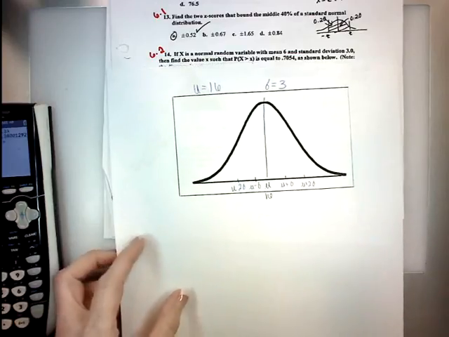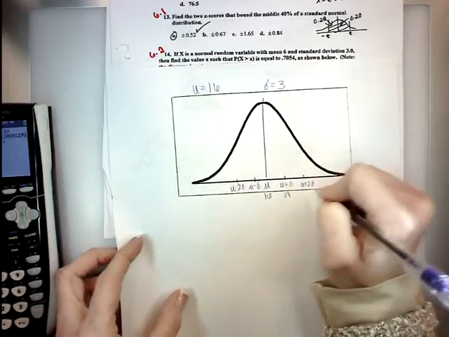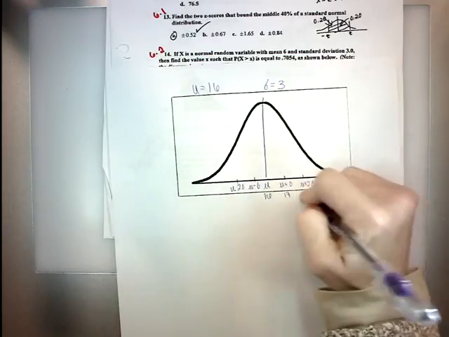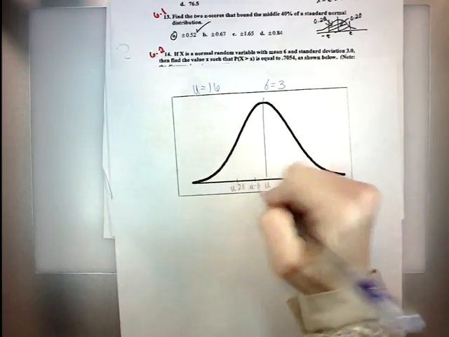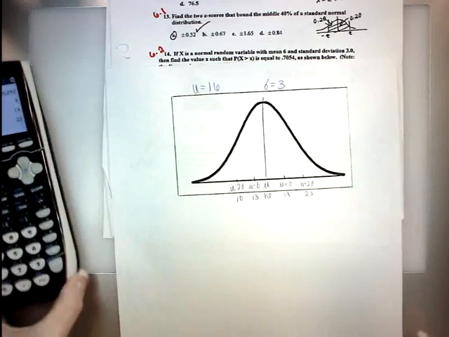So 1 standard deviation above is going to be 19. 2 standard deviations above, so you add 3 each time, is 22. 1 standard deviation below is 13, and 2 standard deviations below is 10.